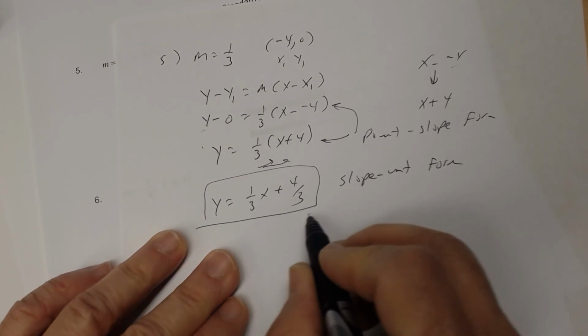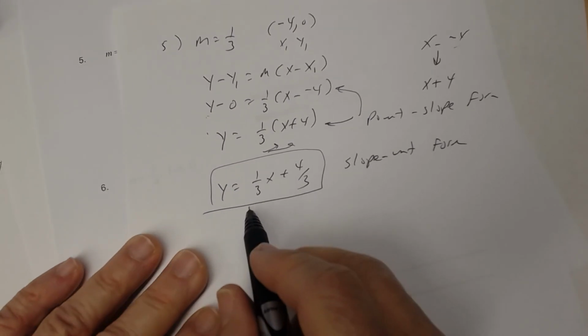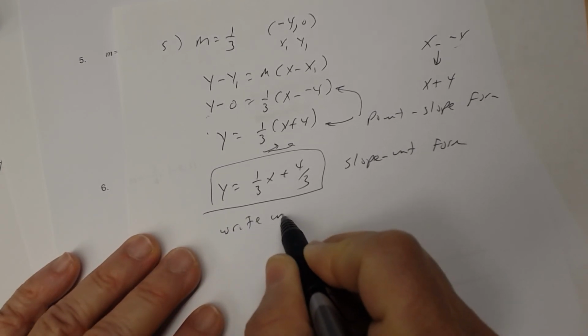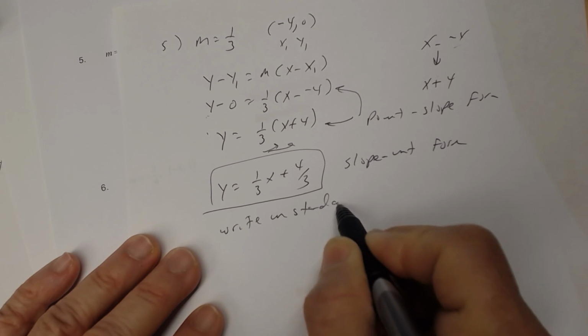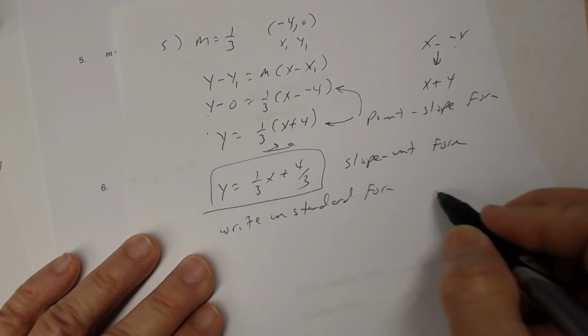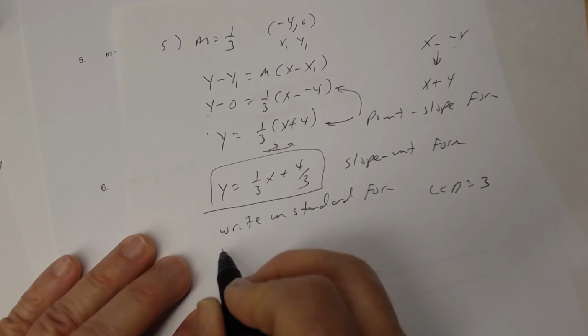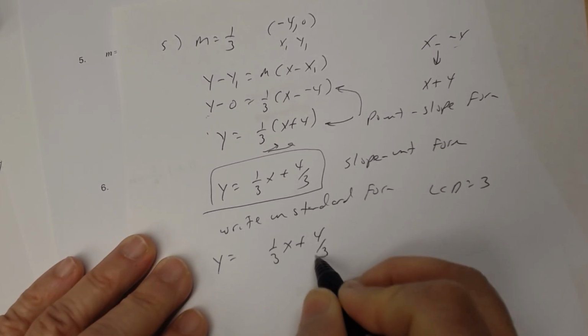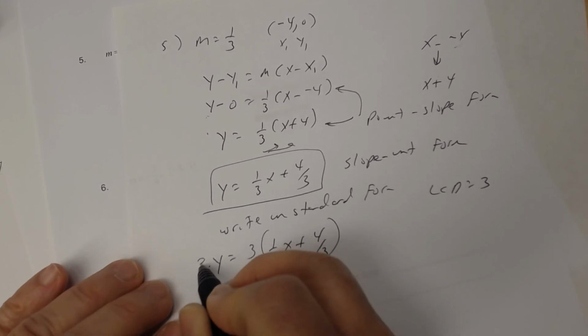Okay, now we're going to put this in standard form. So we're going to clear the fractions. The LCD here is 3. I'm going to just go ahead and rewrite this over. So I multiply both sides by 3.